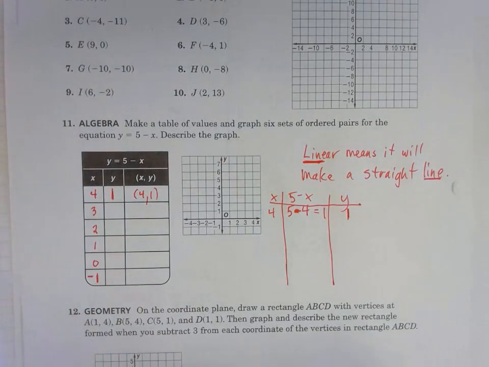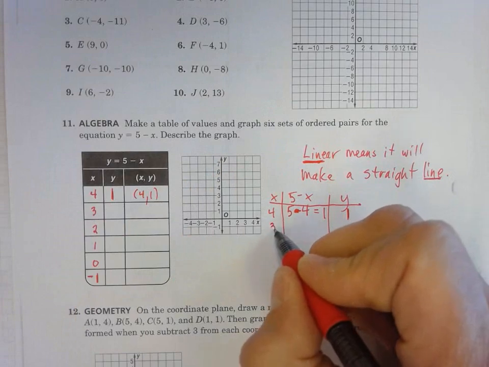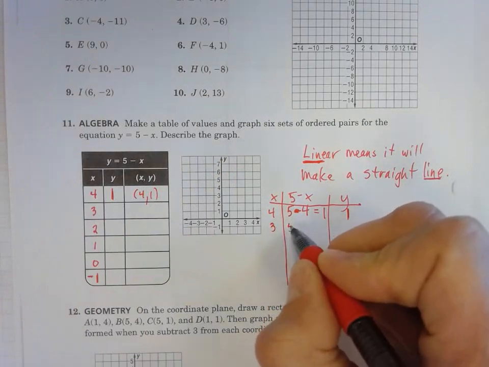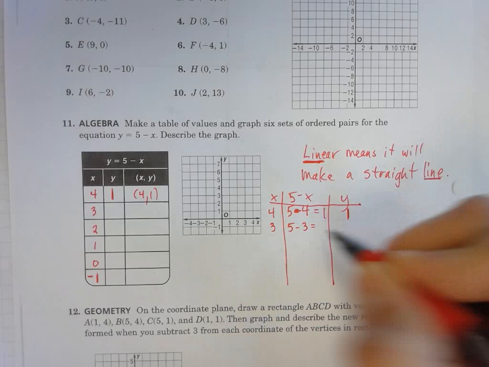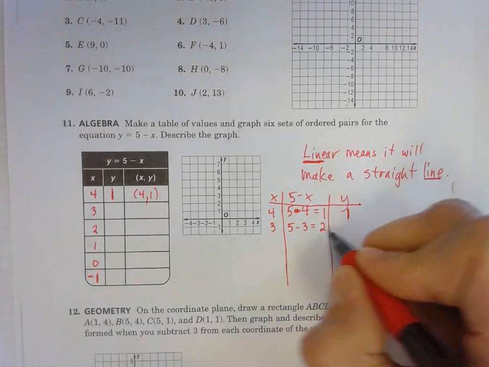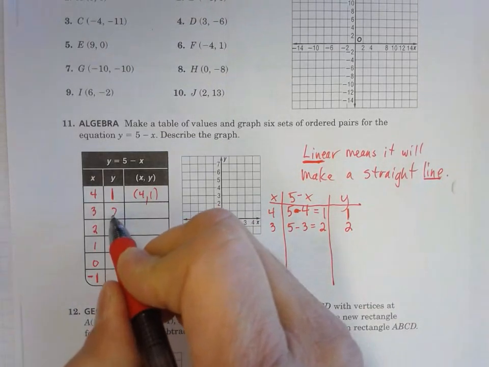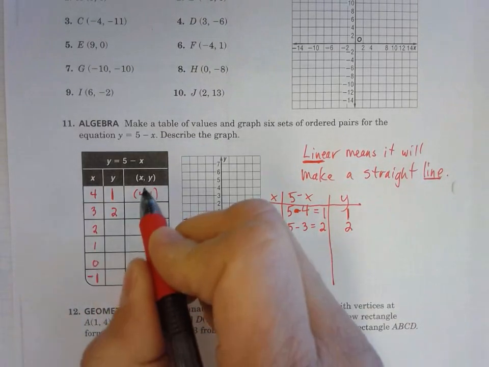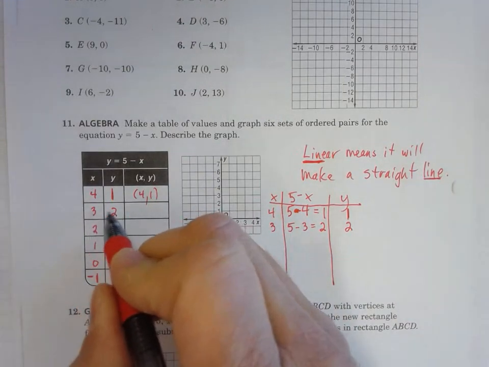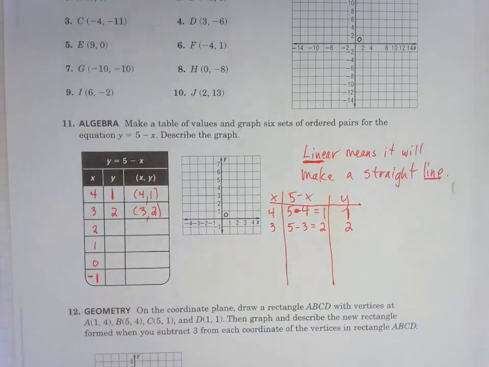All right. Next number I'm going to put in there is 3. So that would be 5 minus 3. How much is 5 minus 3? Well, we all know that's 2. So my y number I'm getting out of there is 2. So that means the y is 2. And then the pair I'm going to graph is going to be the xy coordinate pair, 3, 2.